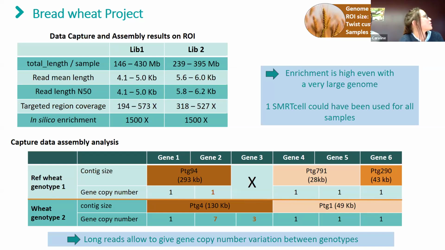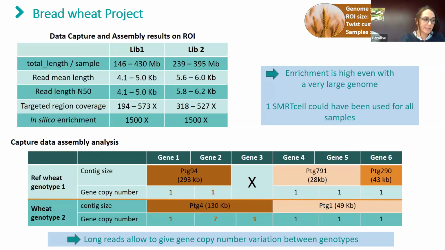The in silico enrichment was estimated at 1,500x, which is particularly impressive given the size of the genomes. So based on this result, one SMRT Cell could have been sufficient to cover all of the 22 wheat genomes, indicating that higher levels of multiplexing are possible in future experiments.